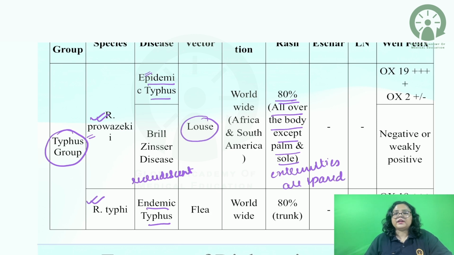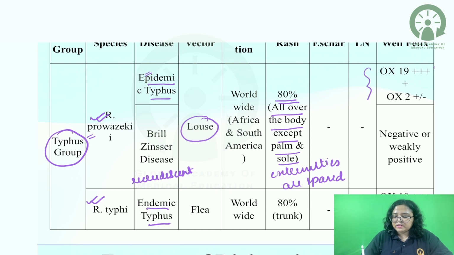And what is eschar? Eschar is the point of entry of the vector where there is a necrosis and surrounding hyperemia. So that is absent. There is no eschar, there is no lymph node enlargement. And in the Weil-Felix reaction, you have to remember OX19 and OX2.